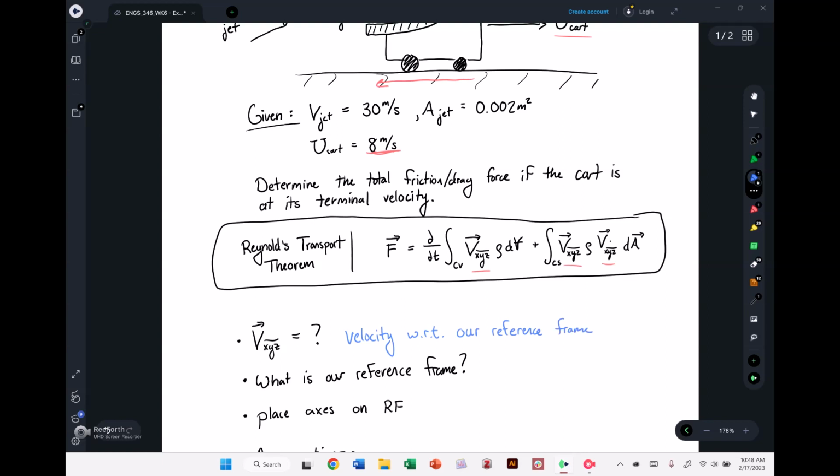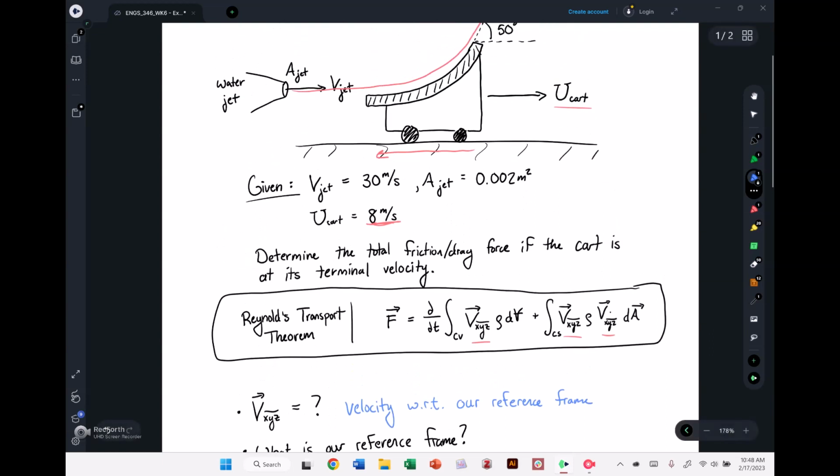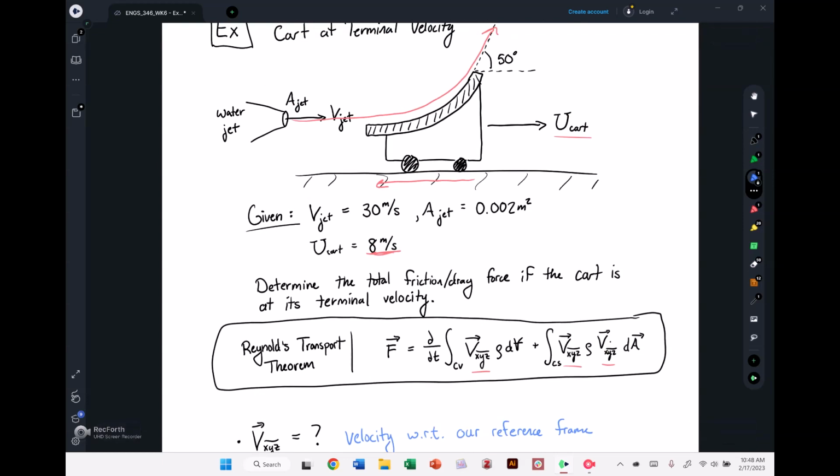So what is our reference frame, or what should we choose as a reference frame? Physics works just fine on moving objects, but we do have to be a little bit careful. Rather than anchoring our axes here and calling that x and that y, which would be choosing a reference frame of the Earth, that's going to make our math a little bit more challenging.